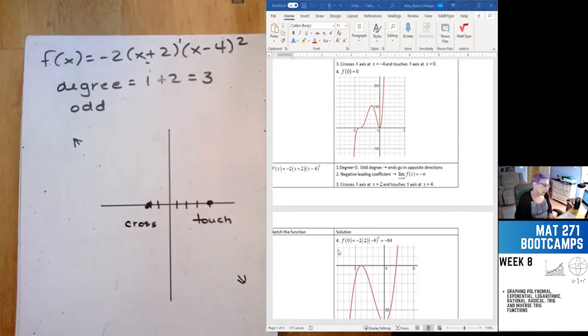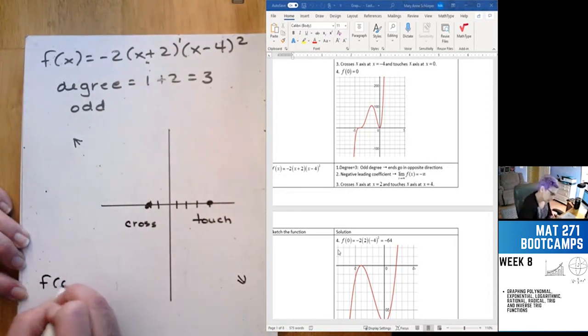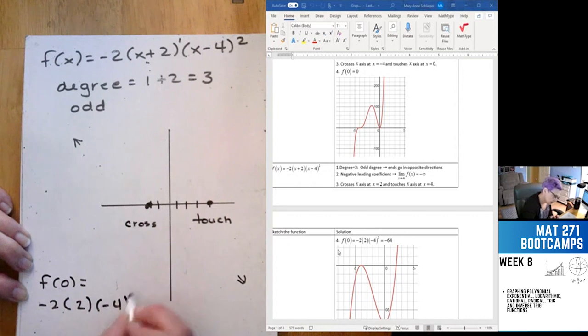Now we need to figure out where it crosses the y-axis, because this one didn't just so happen to go through the origin. So I just plug 0 in. -2 times 2 times (-4) squared gives me -4 times 16, -64.